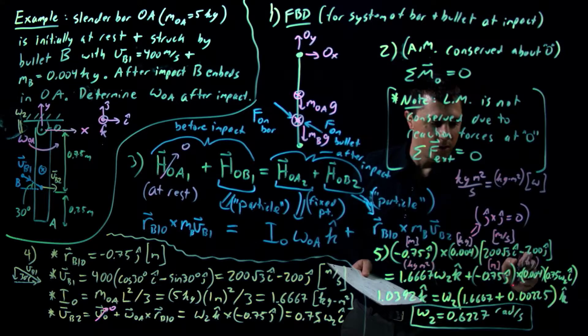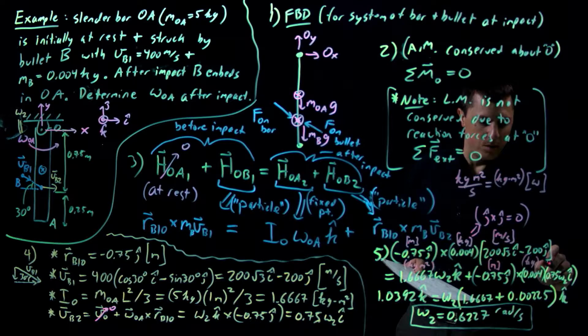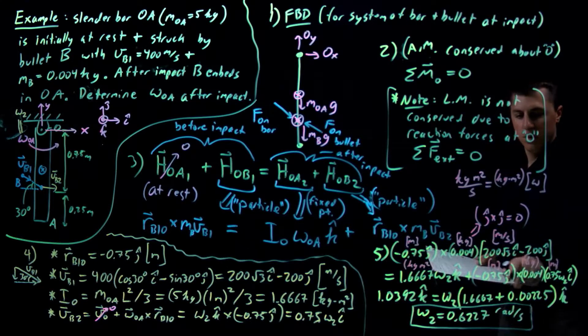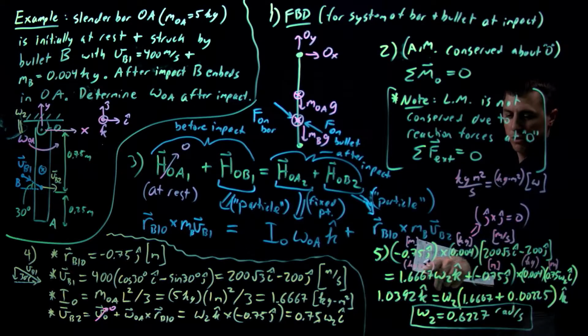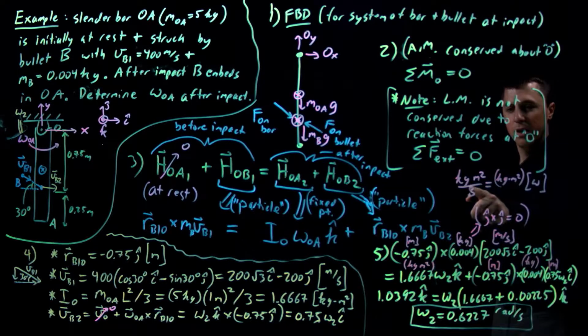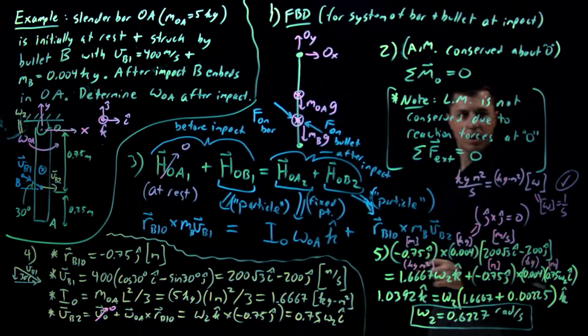The units here are the same as the other one, except this 0.75 is also just another meter. So again, we have kilogram meter squared. Both terms on the right are kilogram meter squared times an omega, which is what we're looking for. So the only way this works is if omega's units are 1 over second, which is what we want, radians per second.